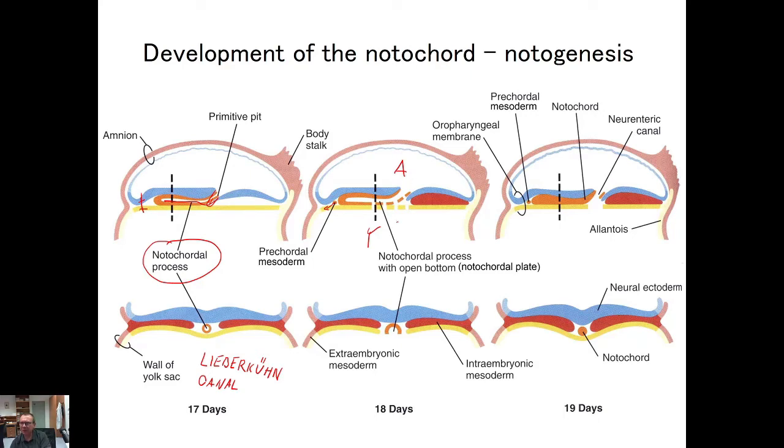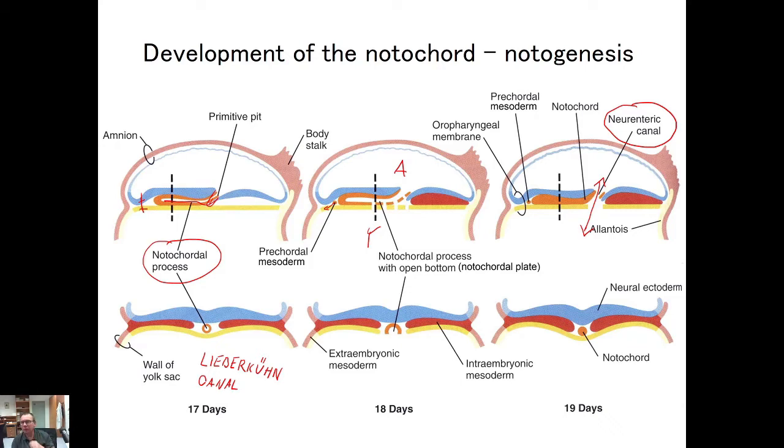This communication, which is fully developed during the 19th day, is called neuroenteric channel, neuroenteric canal.